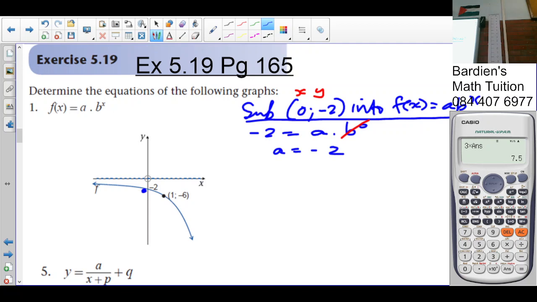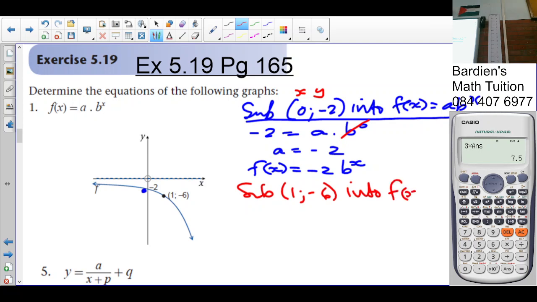You all agree with that? So my equation now reads f of x equals negative 2 times b to the x. So now I can use the other point. I'm going to substitute (1, negative 6) into f of x equals negative 2 times b to the x.